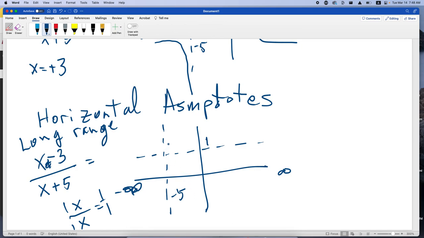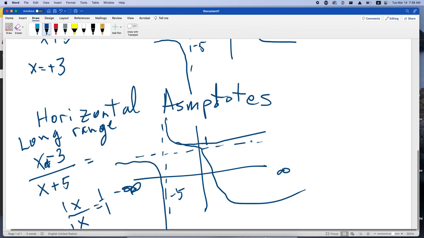And so what that would look like is the graph would be something maybe like this, where you'll see that long-term behavior. Now, because we've got this x-intercept, it probably would come down here. Again, we'd have to graph this to see, but long-term behavior is going to go to that asymptote.